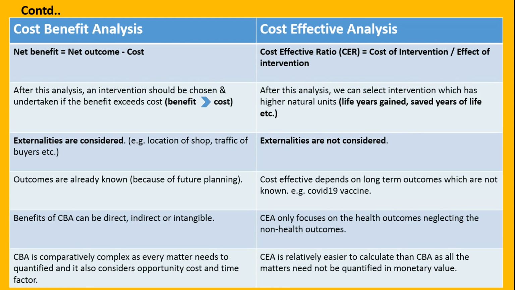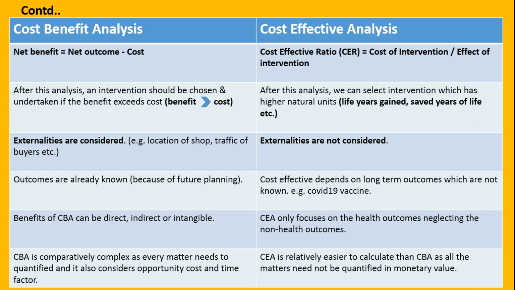In cost benefit analysis, we can calculate net benefit by subtraction of cost from net outcome, whereas in cost effective analysis, the cost effective ratio can be calculated by dividing cost of intervention by effect of intervention.